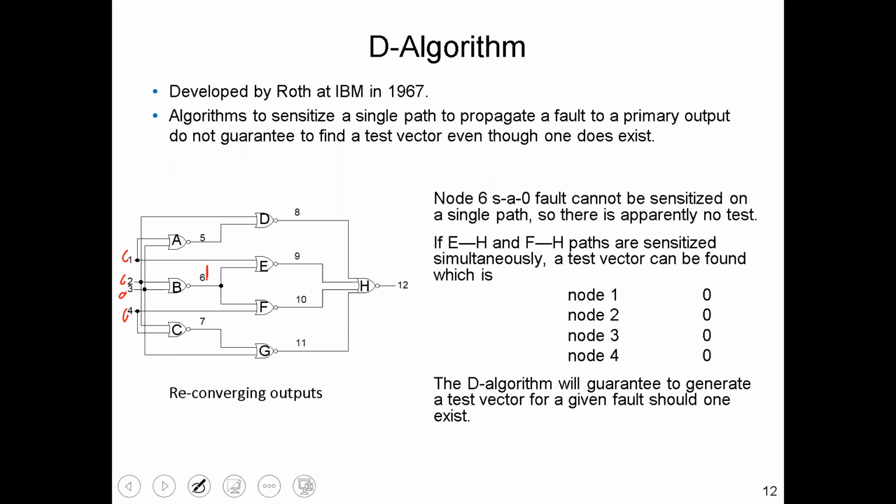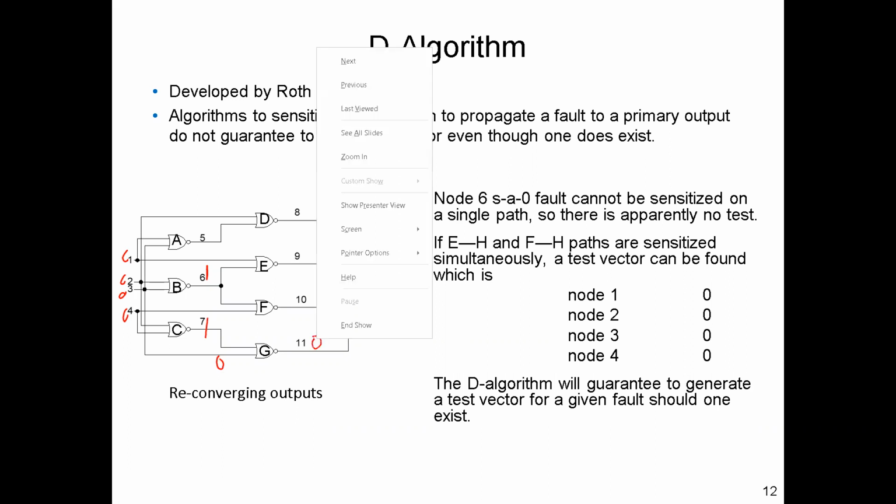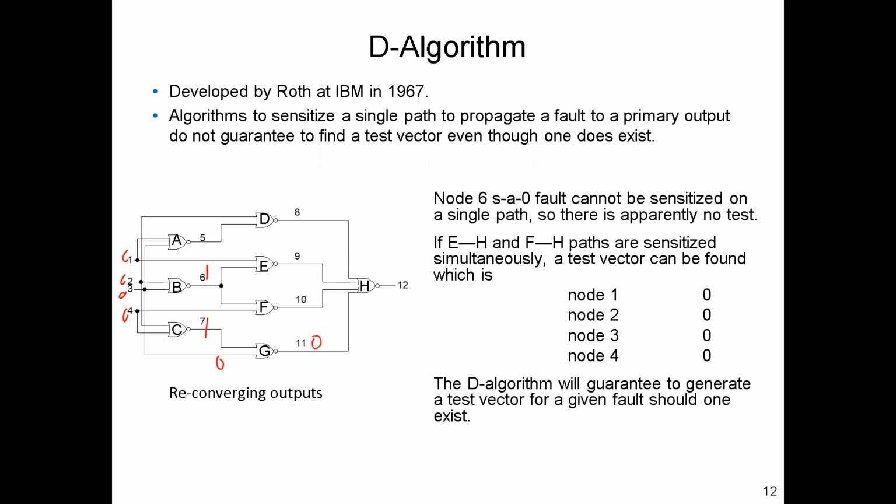Let's work on this. Node 7 would be 1. And node 11 would be 0. And node 5 would be 1. Node 8 would be 0. Right?